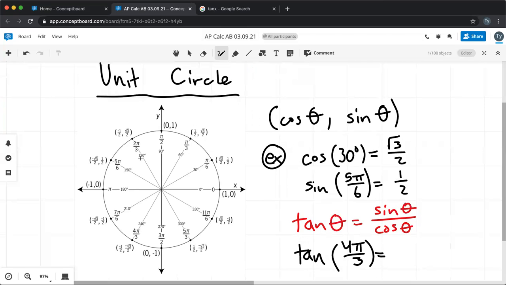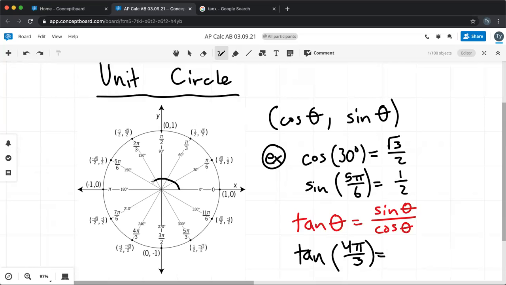I just didn't say this before, right? We have our degrees and our radians, two different ways to measure angles. A whole circle is 360 degrees. A whole circle is also 2 pi radians, okay? So from here to here, that would be pi radians. But if we were to start in the same place, we always start here on the positive x-axis when we're measuring angles from the unit circle, if they're positive angles.